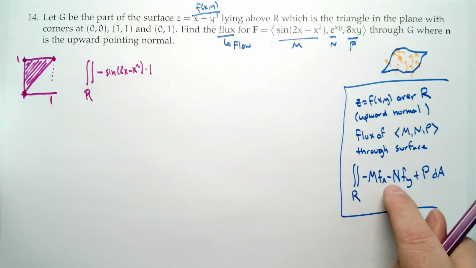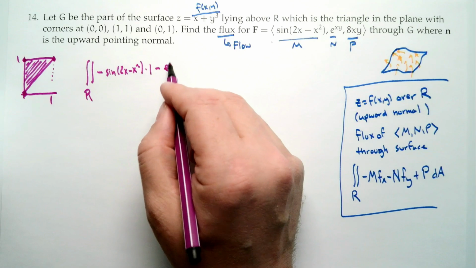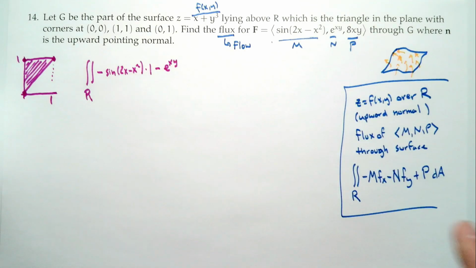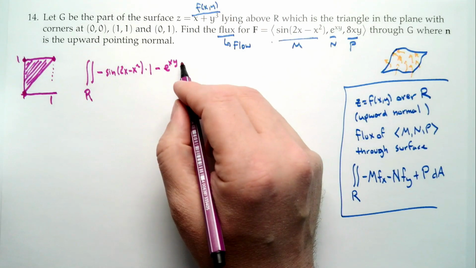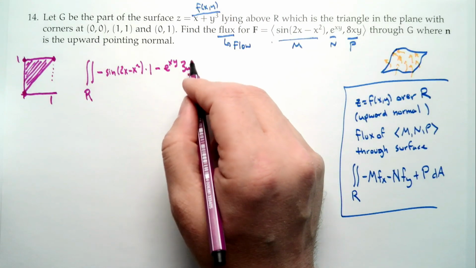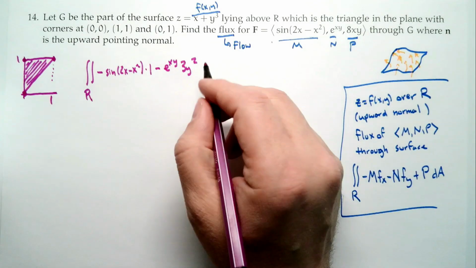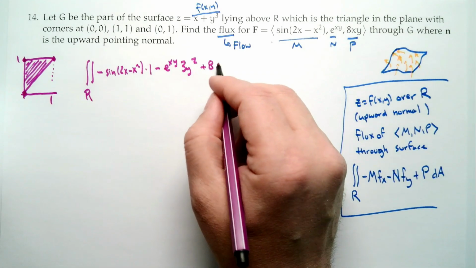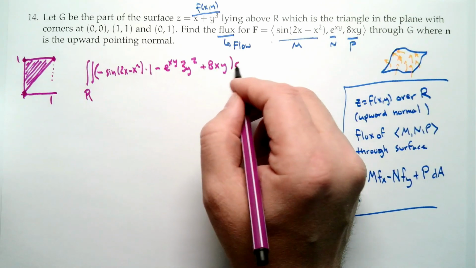Plus minus N, so minus e to the xy, times f sub y, the derivative of f with respect to y, 3y squared. Then plus P, so plus 8xy. And then we have to do this dA.